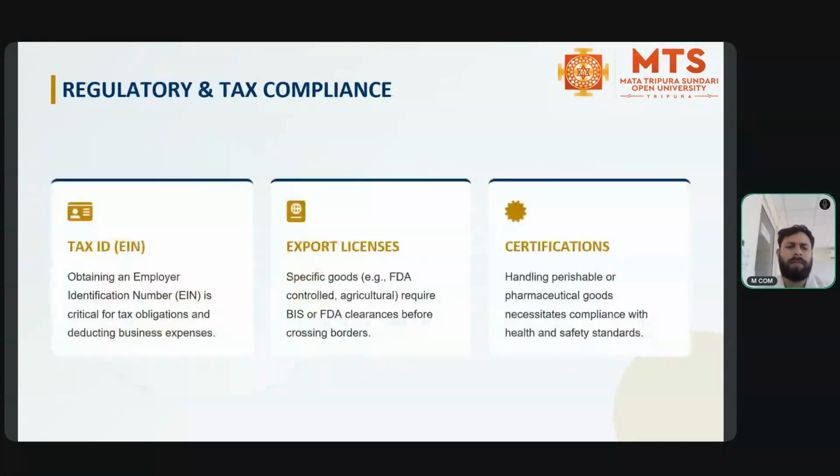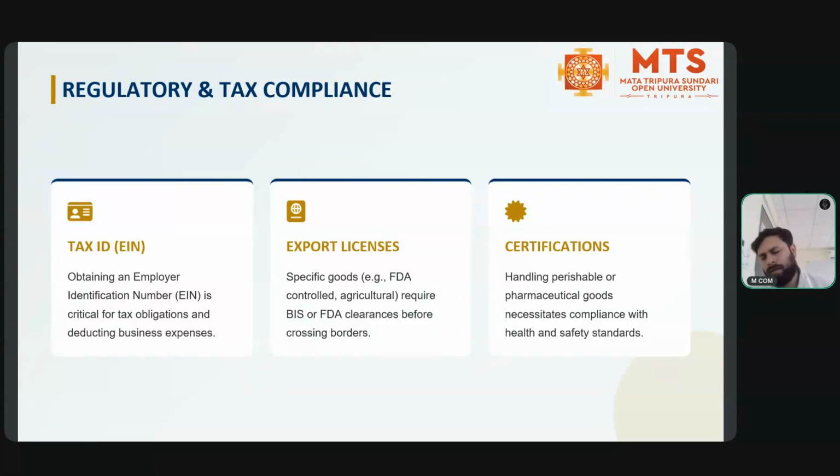Regulatory and tax compliance. For exporting, you need three important things: tax ID, EIN number. Obtaining an employer identification number is critical for tax obligations and deducting business expenses.